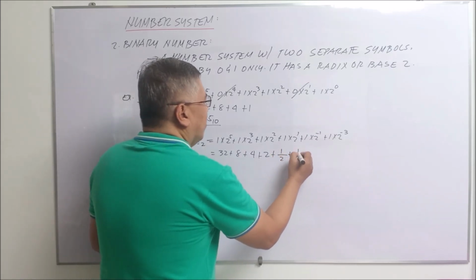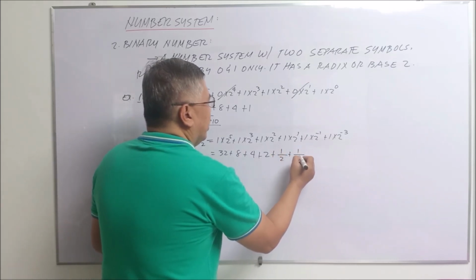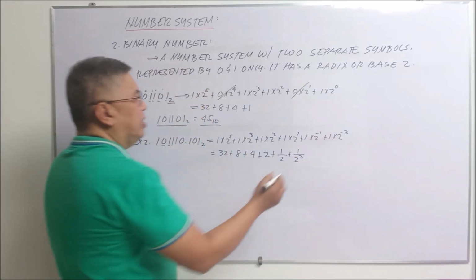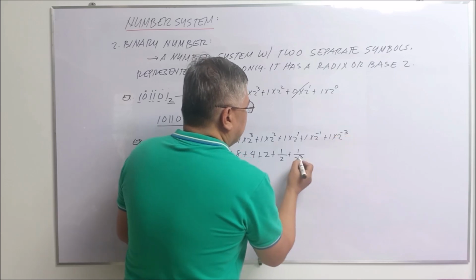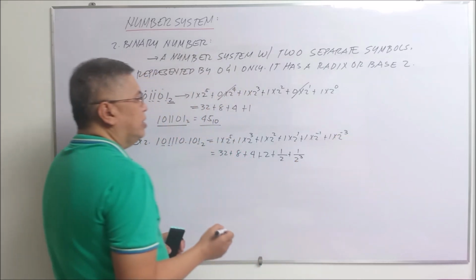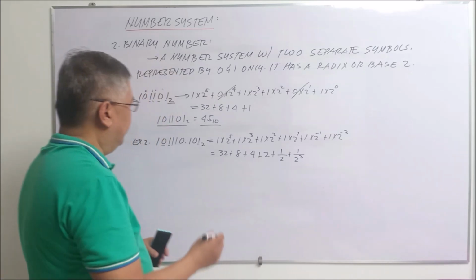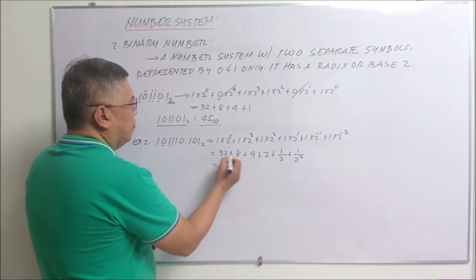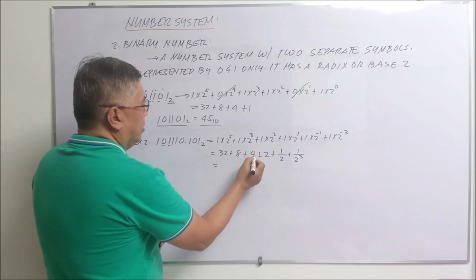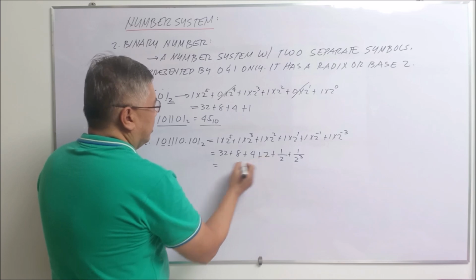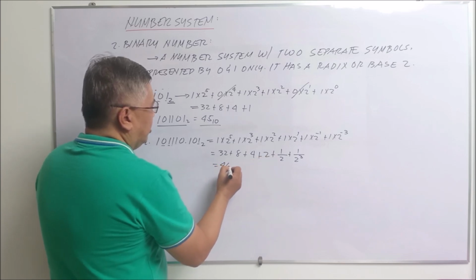Plus 1 over 2 to the 3. The sign becomes positive once it is converted into division. So you have 40, 44, 46. Okay, 46 point what?